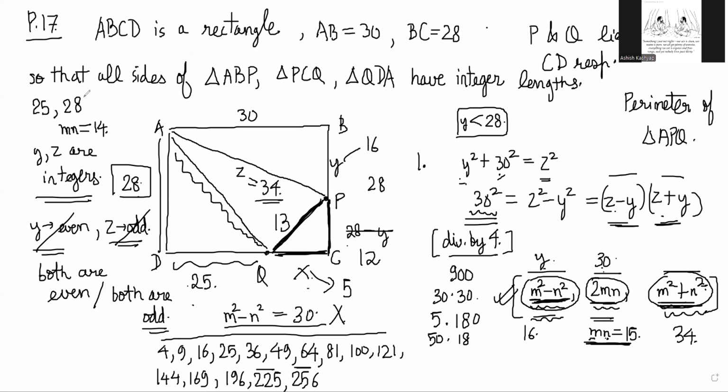Although we can just square it and check. 625 plus 28 square is, I think, 784, right? I think so. Yeah, it is 784. 784 plus 625, 1384 plus 25, so 1400 something.